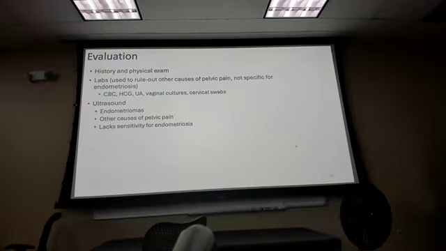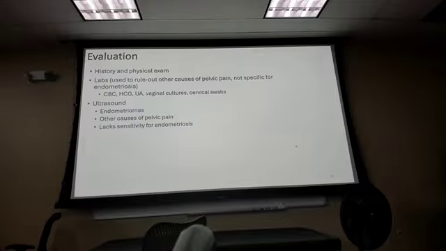Okay, so if you're going to do labs, you should do a CBC, a urine HCG, okay, and then STIs, so vaginal swabs for gonorrhea, chlamydia, bacterial vaginosis, trichomonas, candidiasis. Those will all be appropriate because this patient, again, is probably coming to see you with either dysmenorrhea or pelvic pain. Well, that's hard to work up for pelvic pain. And then ultrasound, especially if they're having adnexal pain, we want to get that ultrasound. If they have persistent pelvic pain.